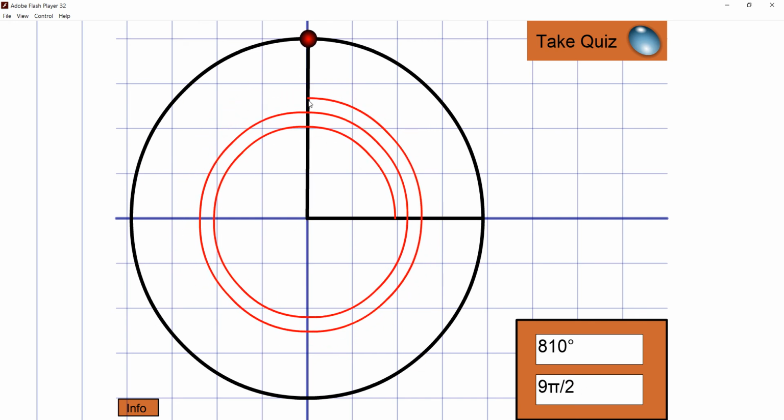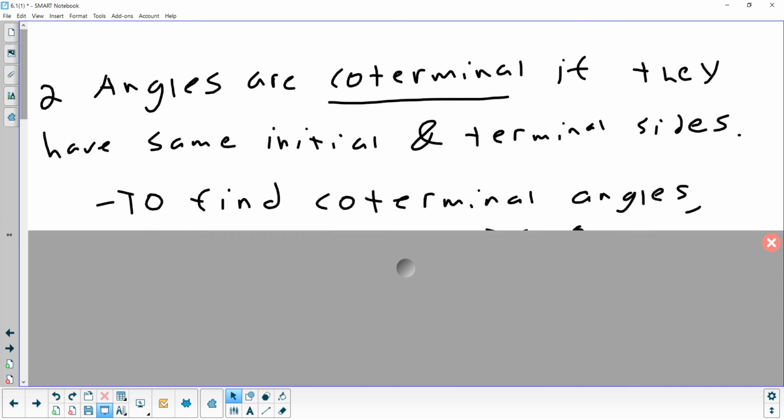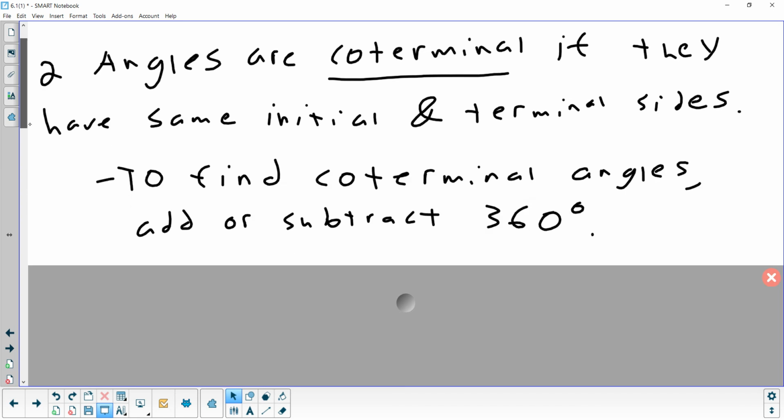All these angles that I keep stopping at are coterminal with 90 degrees. It's great if you've got a little interactive thing and you can just spin something around to find them, but you don't need that. All you have to do is add or subtract 360 degrees.